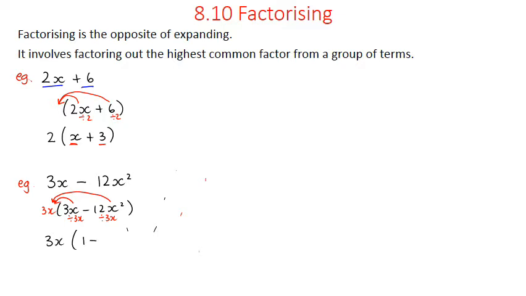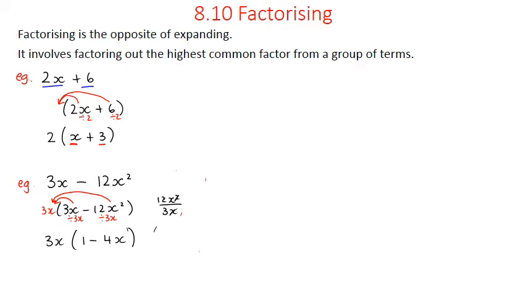And if we divide 12x squared by 3x, 12 divided by 3 is 4. And x squared divided by x, imagine that it's in a fraction. You cancel 1 from the top, you cancel 1 from the bottom. So this is left with x.